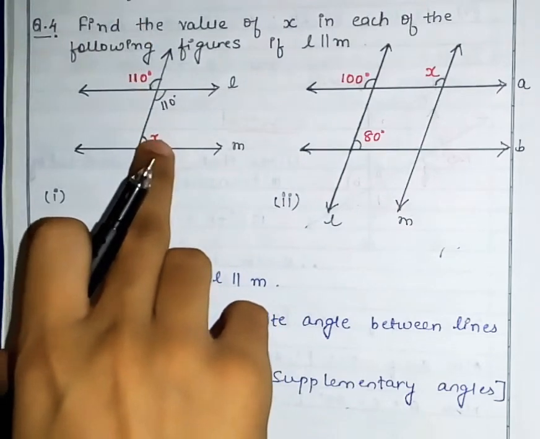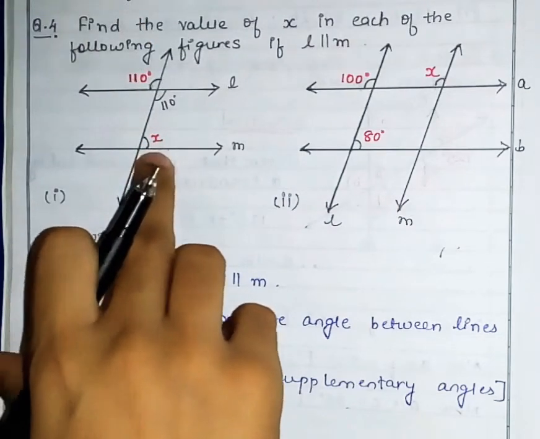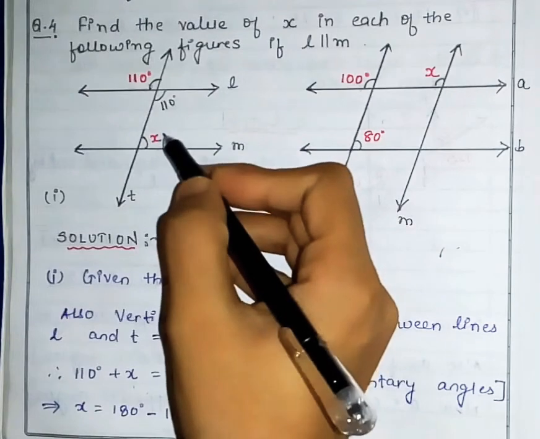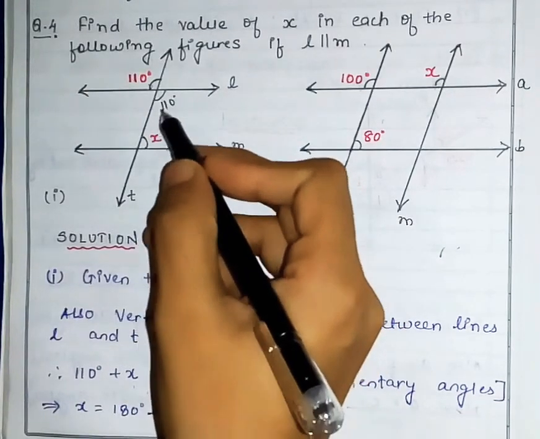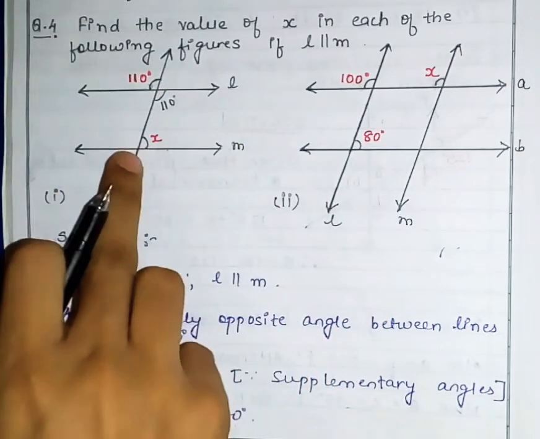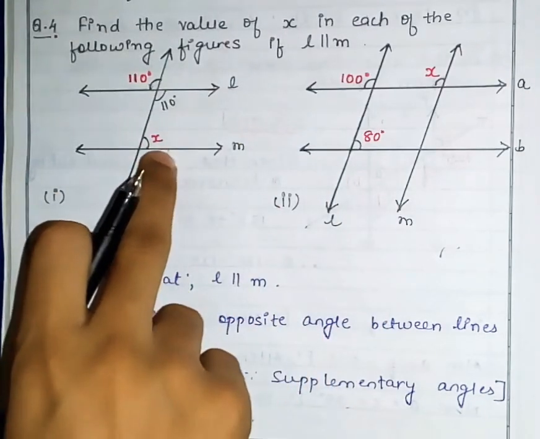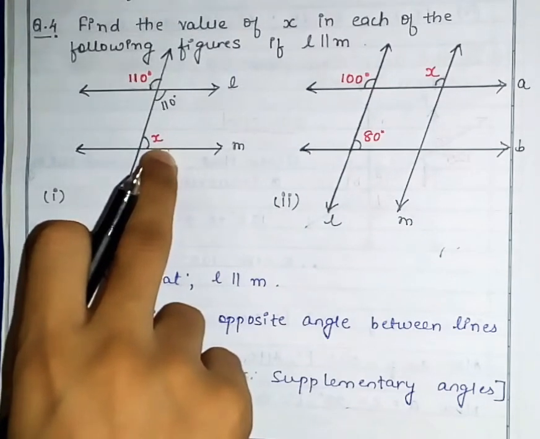Again we will use another property, and the property is interior angles. These both, 110 and x, are interior angles. Interior angles lying on the same side of the transversal are always supplementary, so their total is always 180 degrees. We have seen this property in the previous video also.